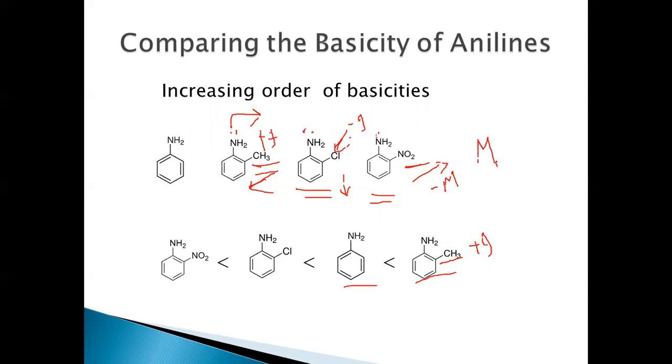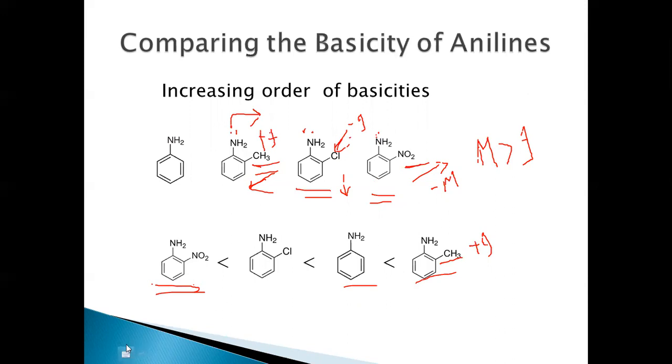But this mesomeric effect is stronger than the inductive effect. So the effect is seen more strongly in the nitro substituted when compared to that of the chloro substituted one. So this is least basic when compared to any other molecules given here. This is the order of the basicity of different types of anilines.